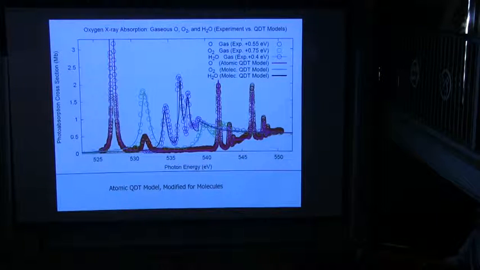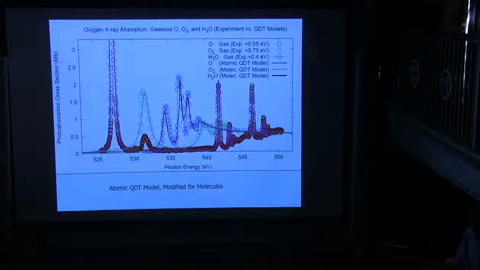Now I'm finishing up with the extensions of the quantum defect parameterization, going from atoms to, in this case, two different forms of molecular oxygen: O2, oxygen gas, and H2O, steam.